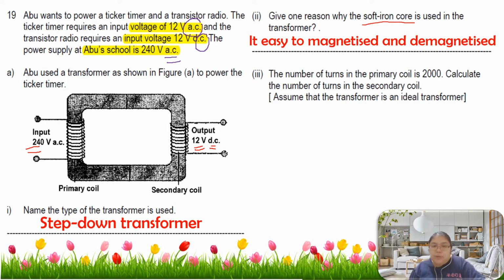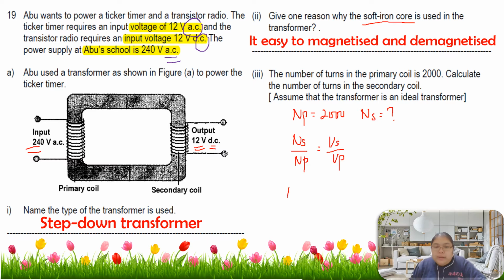Okay, number 3 is a calculation. The number of turns for the primary coil, so we just write out the info. Number of turns for primary is 2000 turns. Calculate the number of turns in the secondary. So they want to find NS. Assume the transformer is an ideal transformer. So NS over NP equals VS over VP.